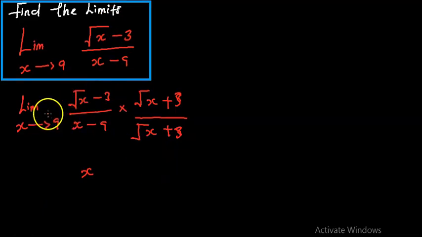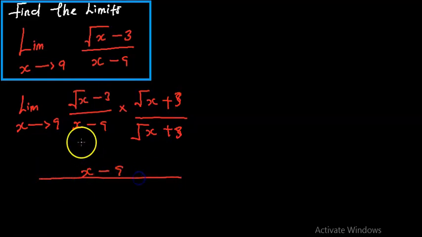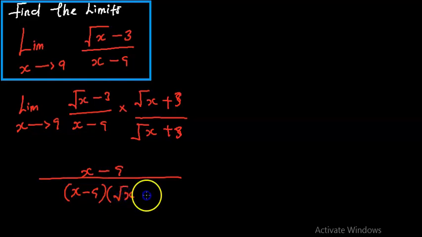So next thing we need to do, negative 3 multiplied by 3 is simply going to be negative 9, divided by our conjugate in the denominator from the left-hand side. This is simply going to be x minus 9 in brackets, square root of x plus 3.